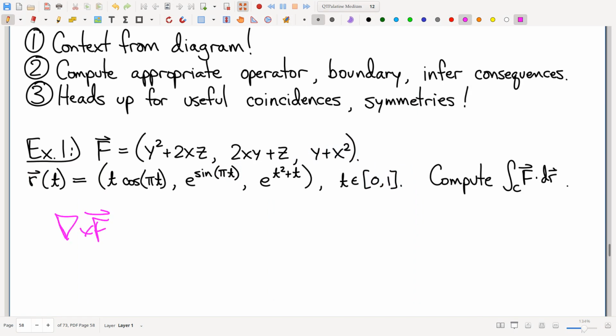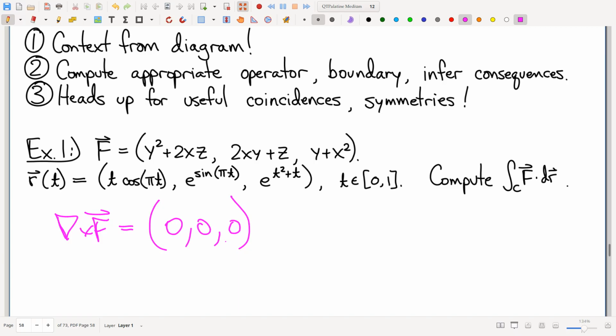This is a computation, and y'all can check me on the details. Make sure that you're proficient, quick, and reliable, getting the right answer every time as quickly as possible, that you can compute curls. This curl in fact is 0, 0, 0. Make sure you can do that.